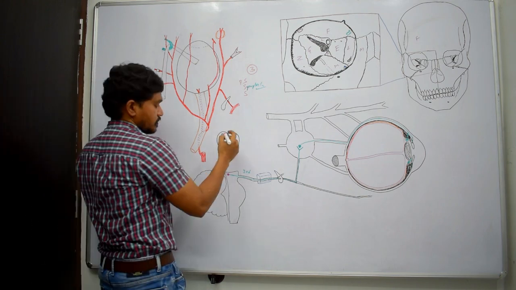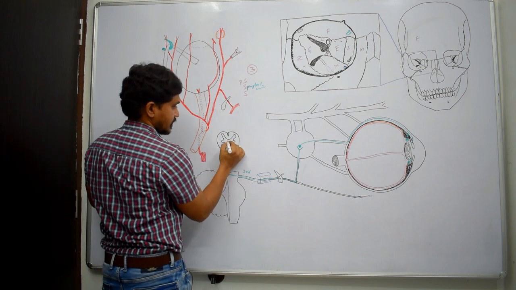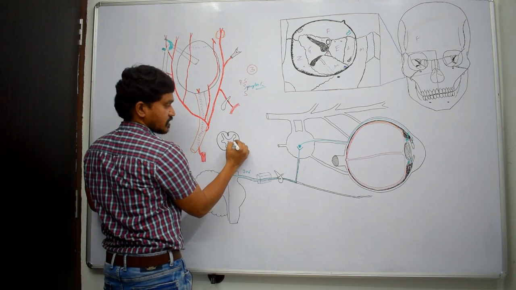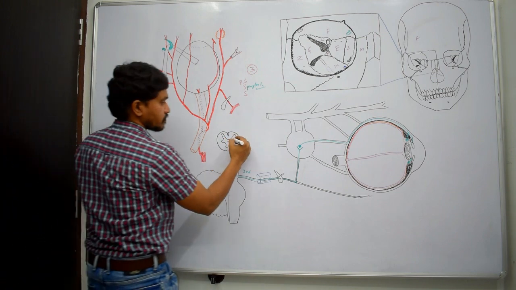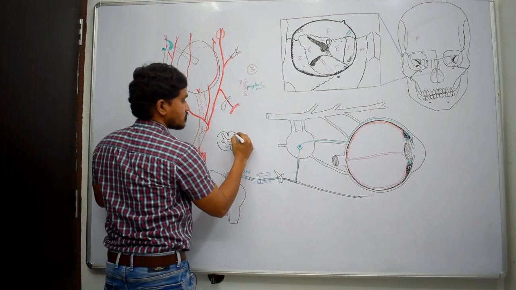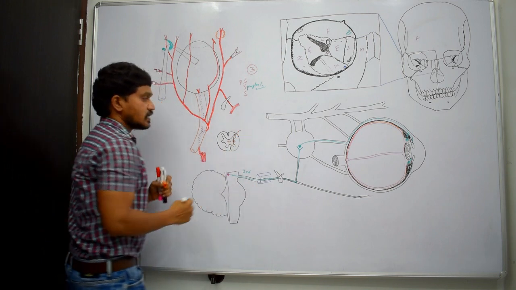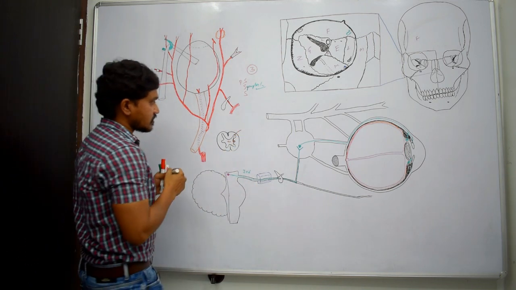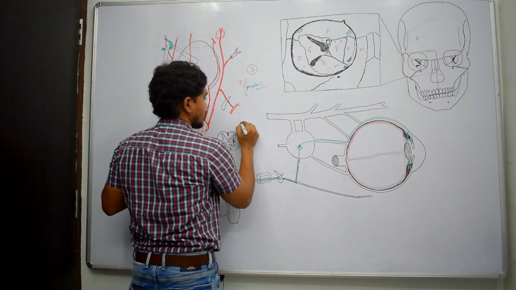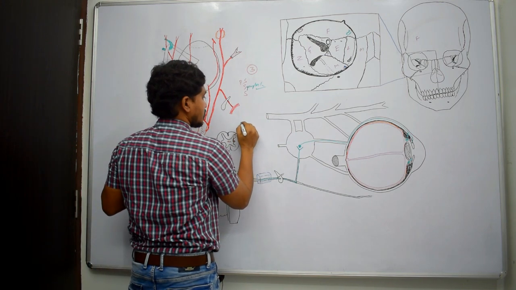Here is the central canal, and from here these nerve fibers are arising. That means preganglionic nerve fibers are arising, pass through the anterior root and they will relay in one ganglion. What is that ganglion? Superior cervical ganglion.